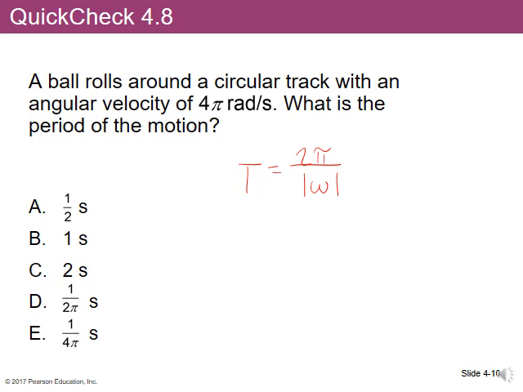Whether it's rotating in a negative direction or a positive direction, it's not going to affect what the period is. It's not going backwards in time just because it's rotating backwards. So we just want to use the positive value for omega. But what was omega in this case? It says it's 4 pi. So we have 2 pi divided by 4 pi, which is equal to 1/2, or A.